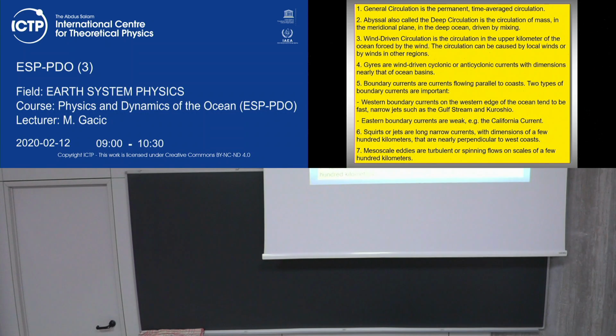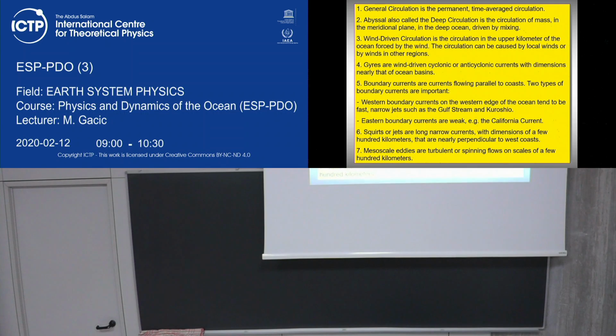Then we have the boundary currents, which are currents flowing along the coast and parallel to the coast. And we have two types of boundary currents. One is the western boundary current, and the other one is the eastern boundary current. So that means that each ocean has this type of current.